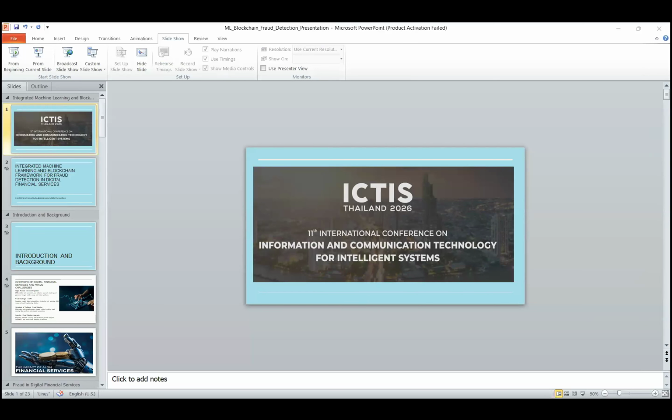Sorry to interrupt you, but can you please maximize your screen? Put it into presentation mode. You can press F5 for that. There is a button on the top left, share your screen.